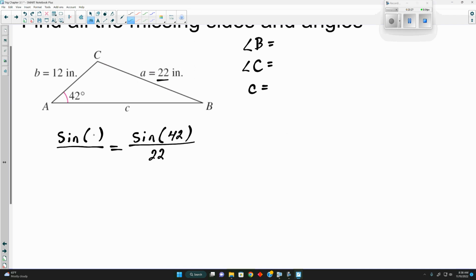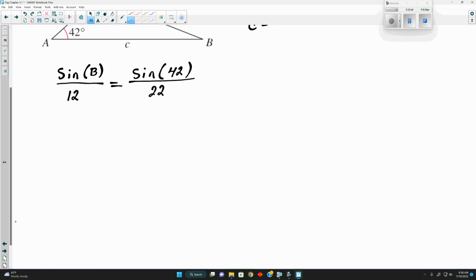But I can solve for angle B, because the side opposite B is 12. Questions on this so far? First thing we're going to have to do is multiply both sides by 12.